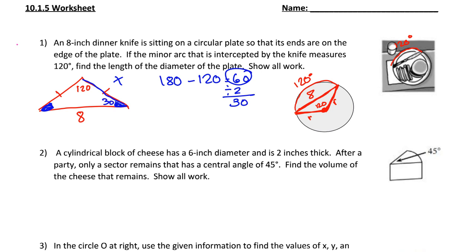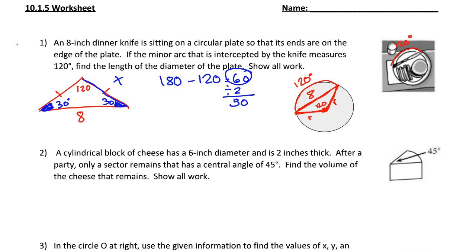So this angle is 30 and this angle is 30. Now, using all of the information that you have, you can figure out side X, or the radius of the circle, by either using the law of sines, or you can divide that triangle into 2 equal halves and apply SOHCAHTOA. But I find it easier to apply the law of sines.